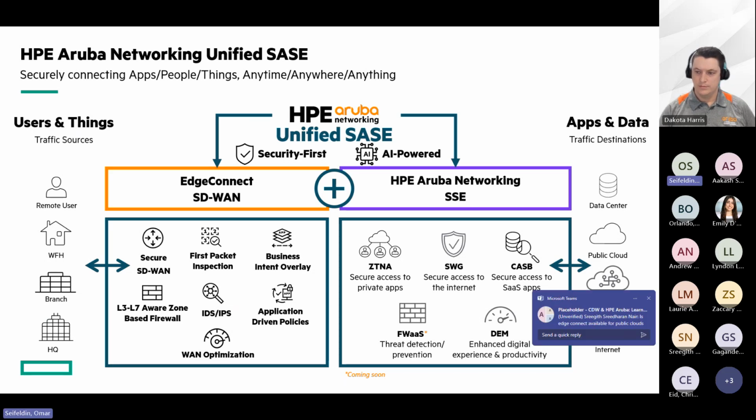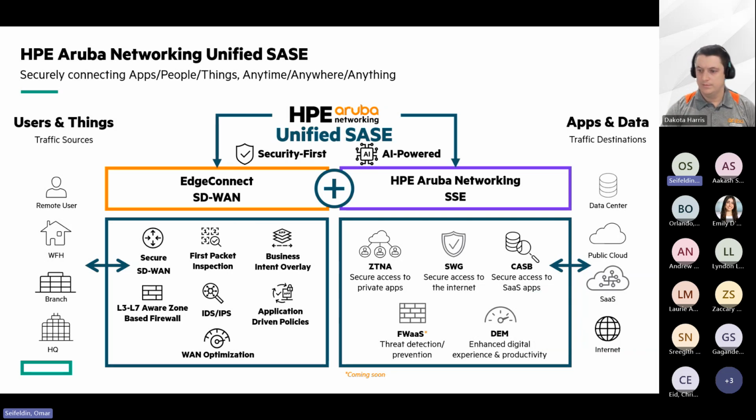Some customers will only need the SSE solution because they are maybe a startup, or it's only one branch, or their employees are all working from home, so they don't need an SD-WAN. So that's, again, giving you an idea how to think about the SASE solution, right?